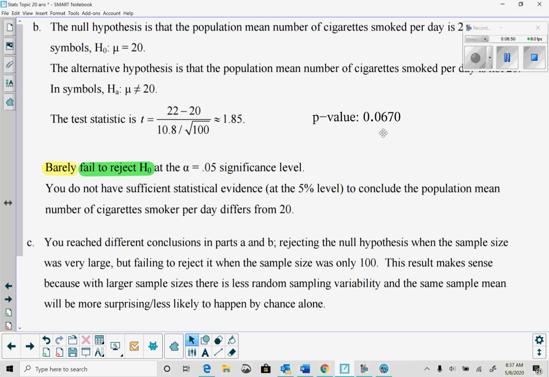So again, we reached completely different conclusions for part A. We rejected the null hypothesis because the sample was fairly large and we got a really small p-value, but we failed to reject the null hypothesis when the sample size was only 100. Again, with bigger sample sizes, there's going to be less random variability. So the sample mean will be either more likely or less likely to happen by chance alone.